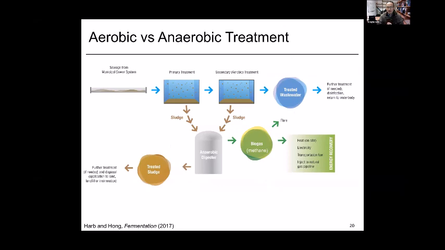The conventional domestic wastewater treatment systems typically use an aerobic treatment process, such as activated sludge. In this activated sludge system, the aerobic microbes break down the organics into CO2, and the generated sludge can be anaerobically digested to produce methane as a potential energy source.